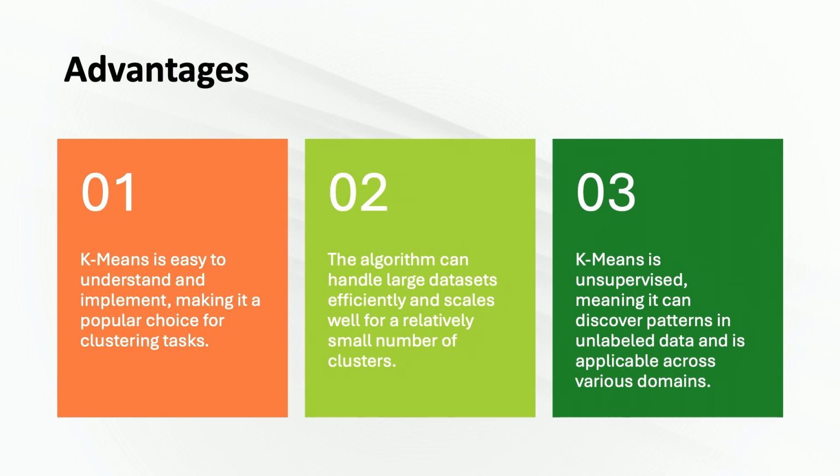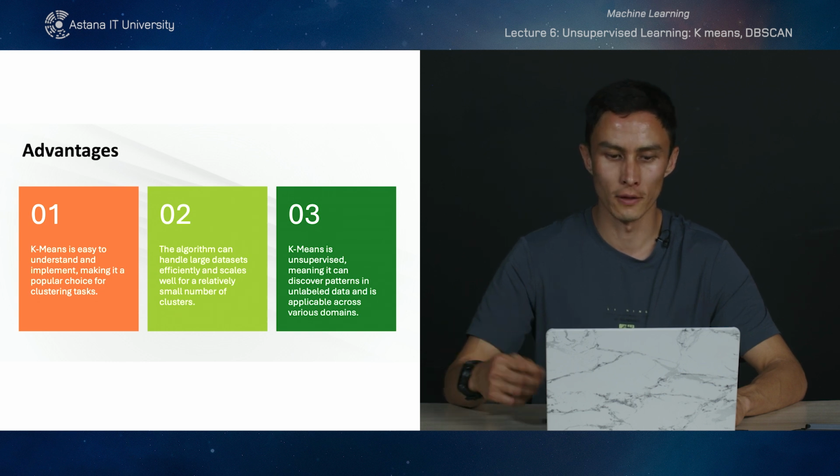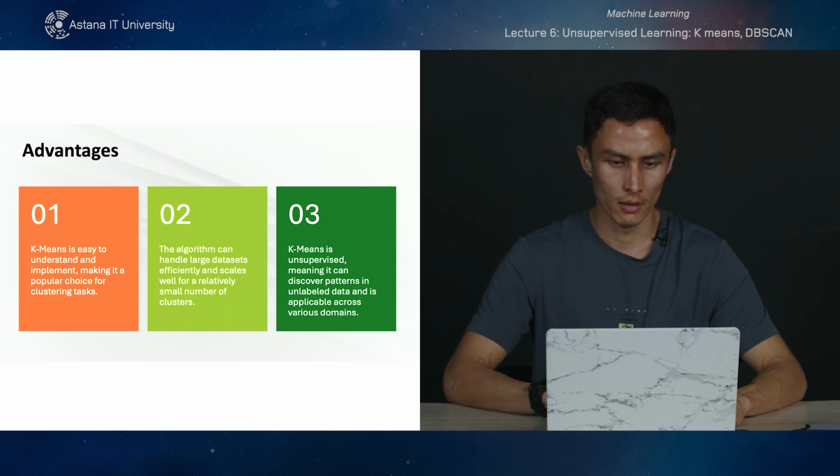If we talk about advantages, the k-means algorithm is easy to understand. You just plot a scatter plot, choose some centroid points, start to measure distance, choose the k number of points closest to the centroid, and then assign them into one separate cluster.